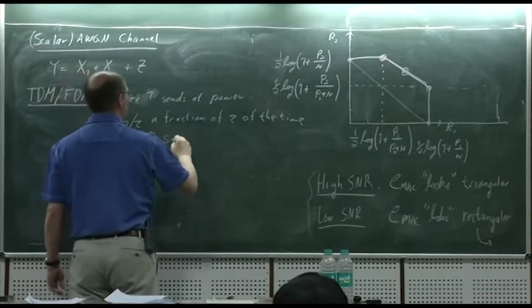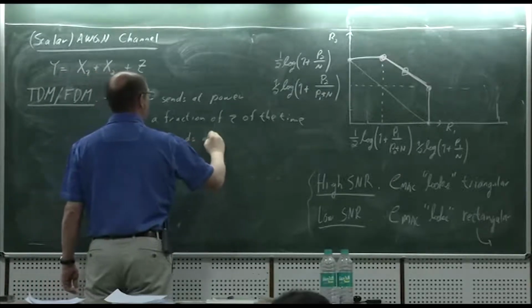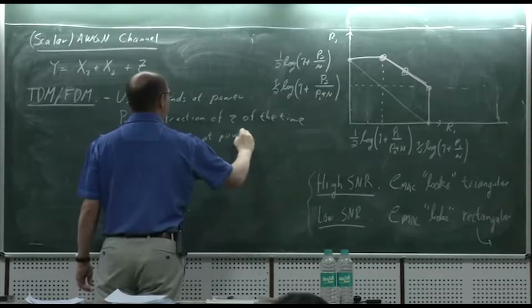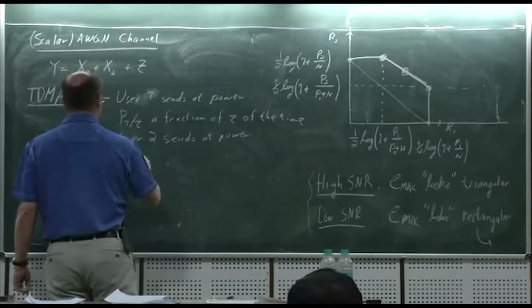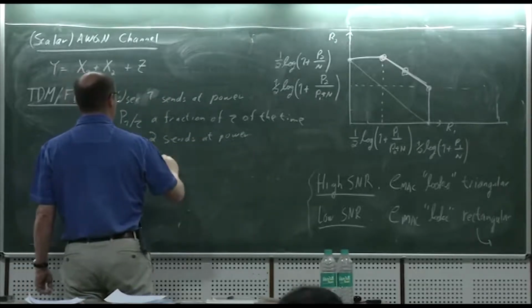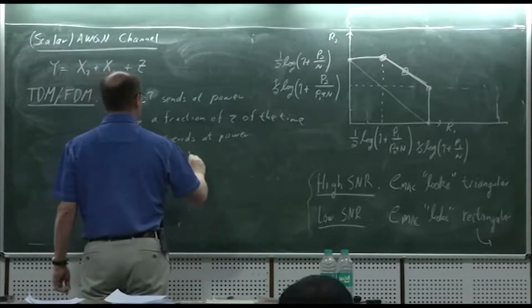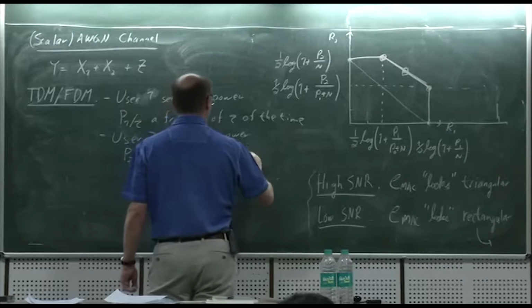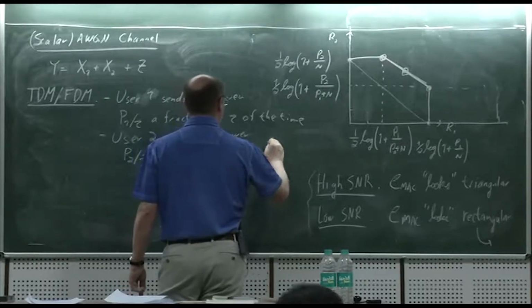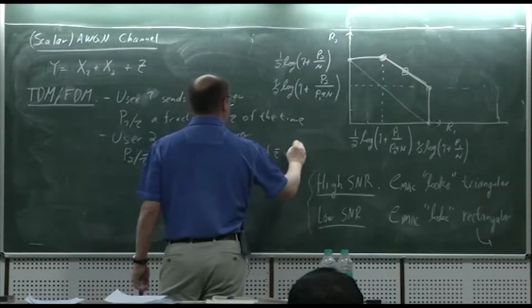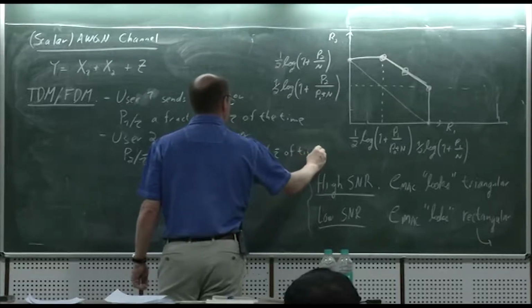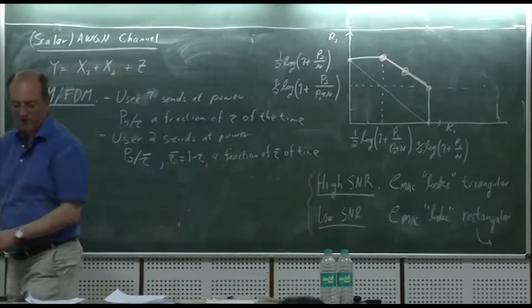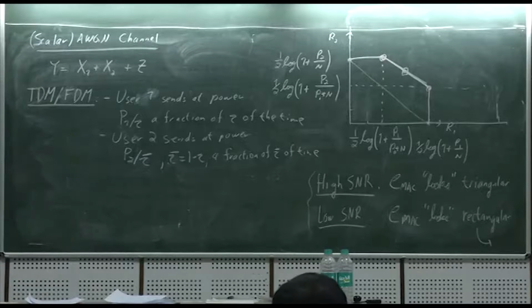But anyway, with 2 users, user 2 sends at power P2 over tau bar, where tau bar is 1 minus tau, a fraction tau bar of the time. Right, and so now we just have to compute what the rates are for this strategy.